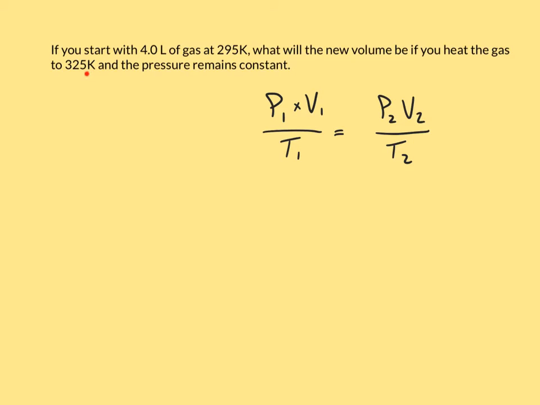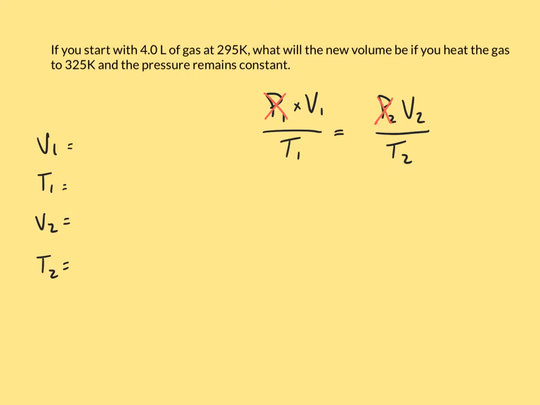Another K, so I have two temperatures here. Now it says pressure remains constant, and as I told you on the last slide, if something remains constant in the problem, you can cross it out. And so I'm going to go back to my formula for the combined gas law, and I'm going to cross out pressure 1, and I'm going to cross out pressure 2. Now the things that I have down the left-hand side are volume 1, temperature 1, volume 2, and temperature 2.